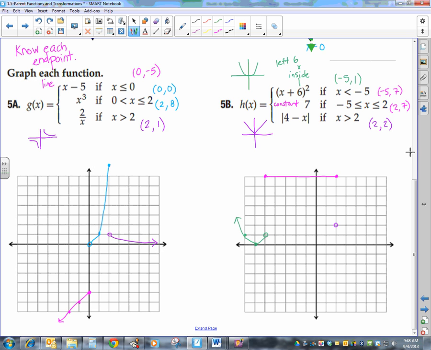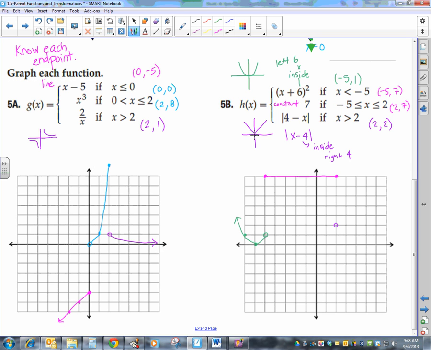And then my function. Now this is a little bit tricky, but if it's in absolute value, hopefully you understand that 4 minus x and x minus 4 are the same thing. So this 4 is inside, so it's affecting my x. Both of these were affecting the x and it was a plus or a minus, so I'm shifting it left and right. We do the opposite with the x. So this time I'm going to shift it to the right 4 units.